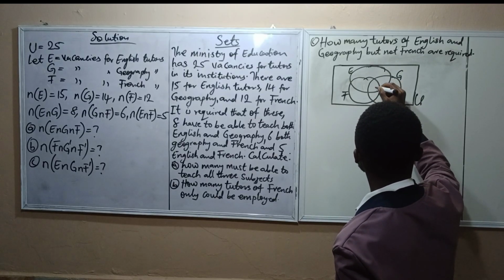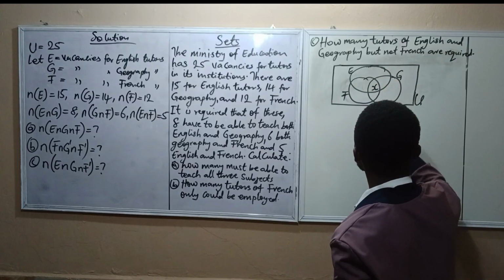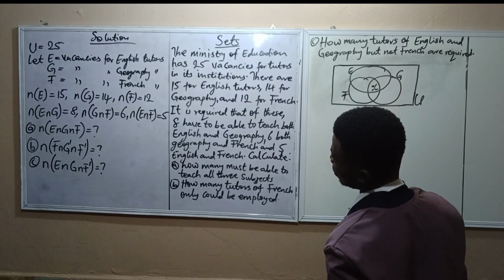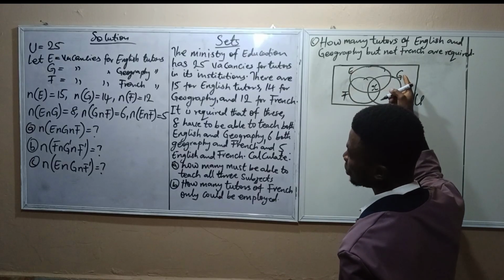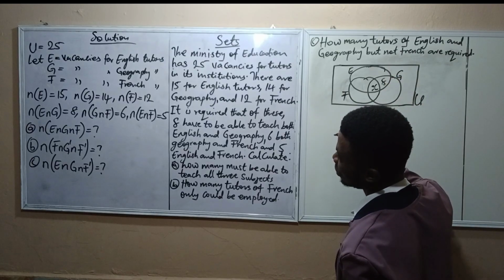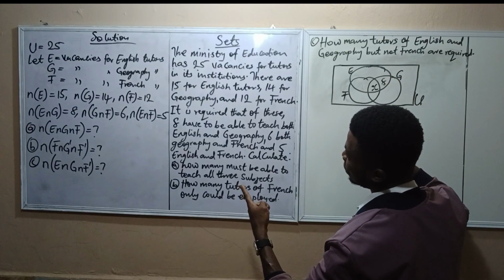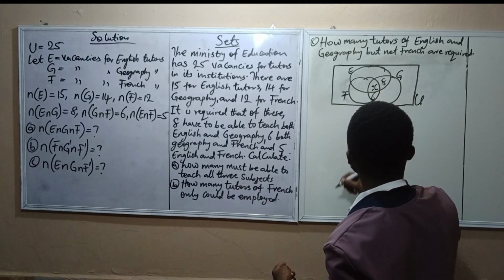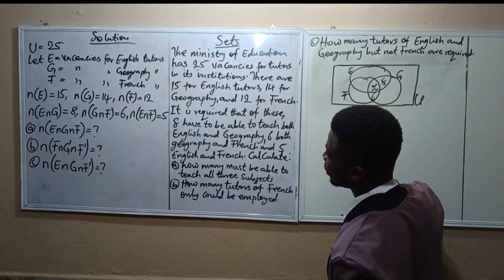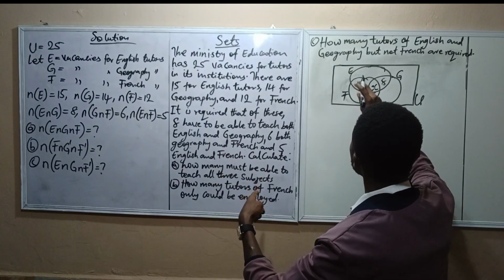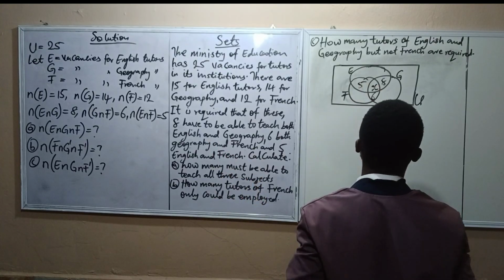Let's denote the intersection of the three as X. From the info, E intersection G is 8, G intersection F is 6, and E intersection F here is 5.